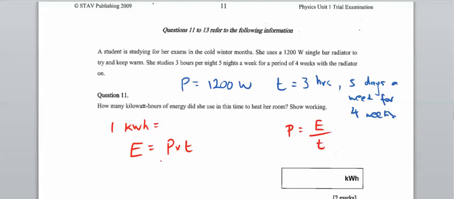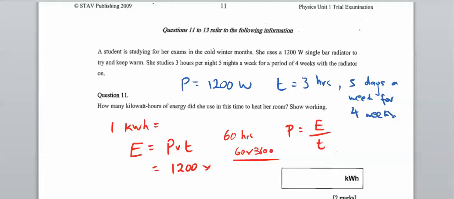So we have power of 1,200 watts times the time, which is 3 hours times 5 nights times 4 weeks, so that's 20 nights, so that's 60 hours, and times that by 3,600 is going to give us seconds.